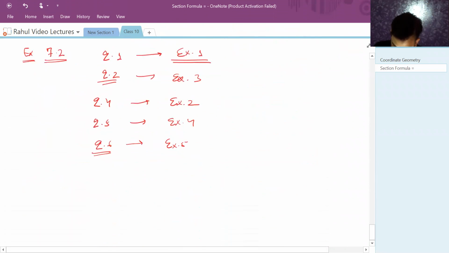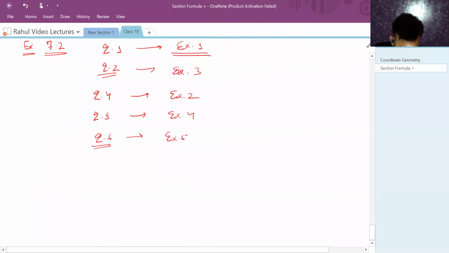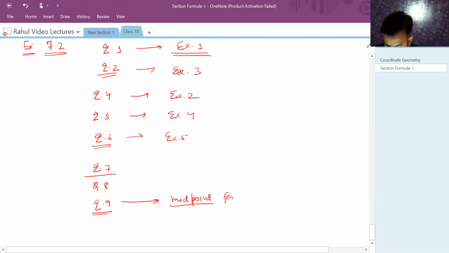Question number 7, question number 8, and question number 8 is joining the points. Question number 9 we can do using the midpoint formula we have discussed, because of equal parts.